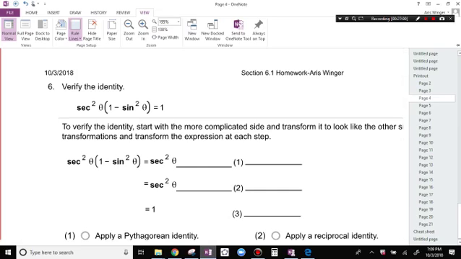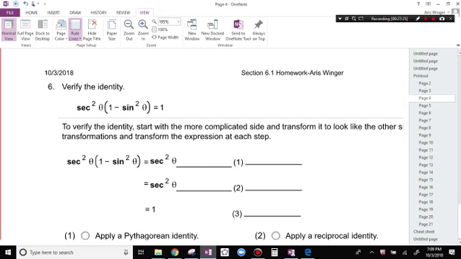And we know that secant squared and cosine squared are about to just cancel. Because cosine is 1 over secant, you're about to flat out cancel those because of a reciprocal identity, and then we're going to divide out the common factor.